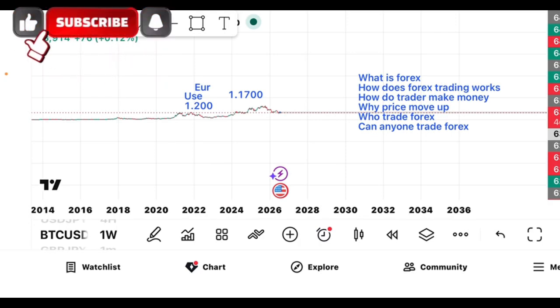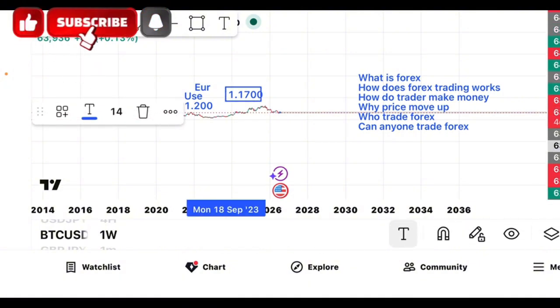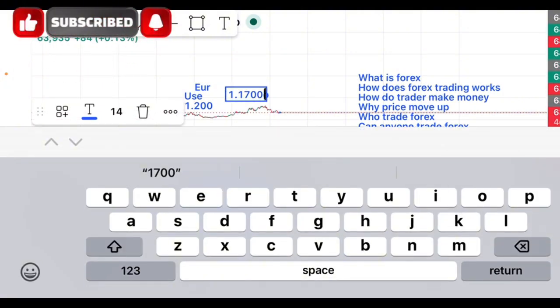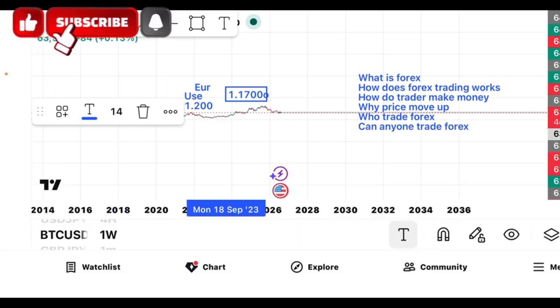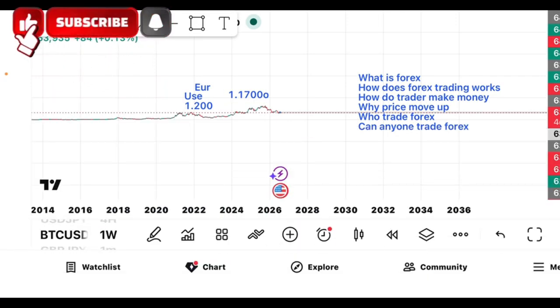So if you predict in the next 1 hour that Euro is going to change from 1.17000 to 1.18000, what do you do? You buy Euro.